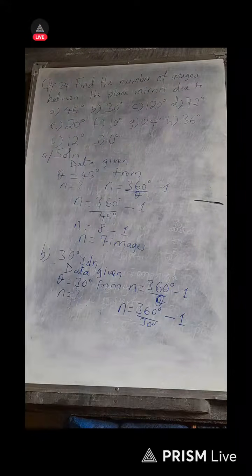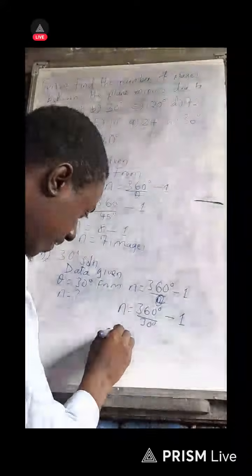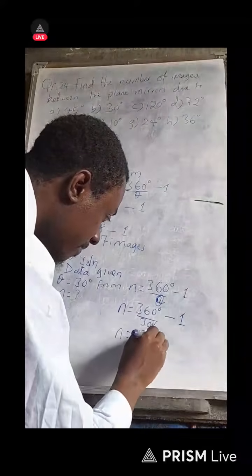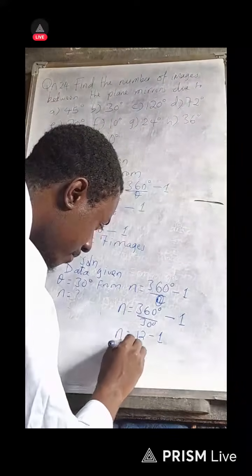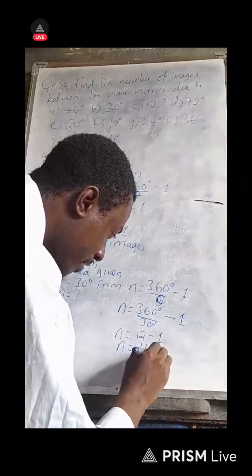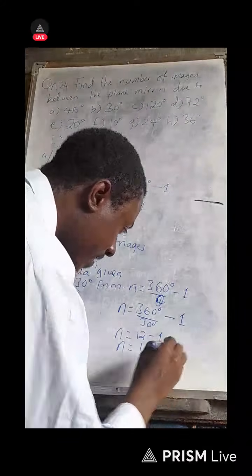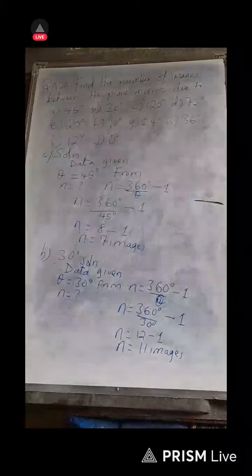If you take 360 divided by 30, you get 12. Now n is equal to 12 minus 1. So the number of images is 11 images. So 11 images is the correct answer.